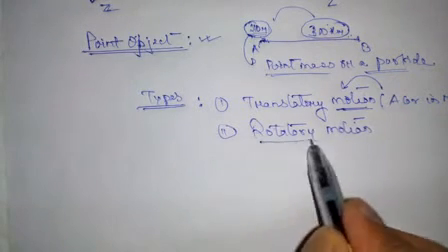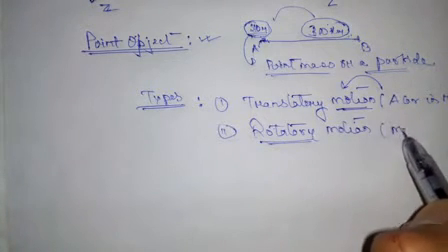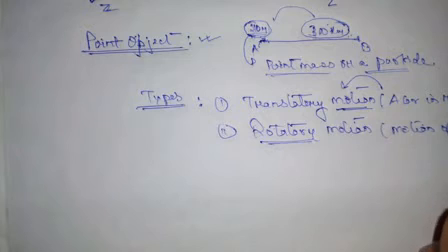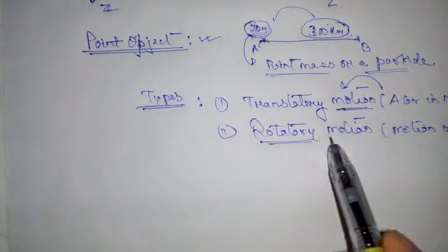Clear? Rotatory motion, say motion of a planet. Whenever a body turns about a fixed position or axis, such motion is known as rotatory motion.